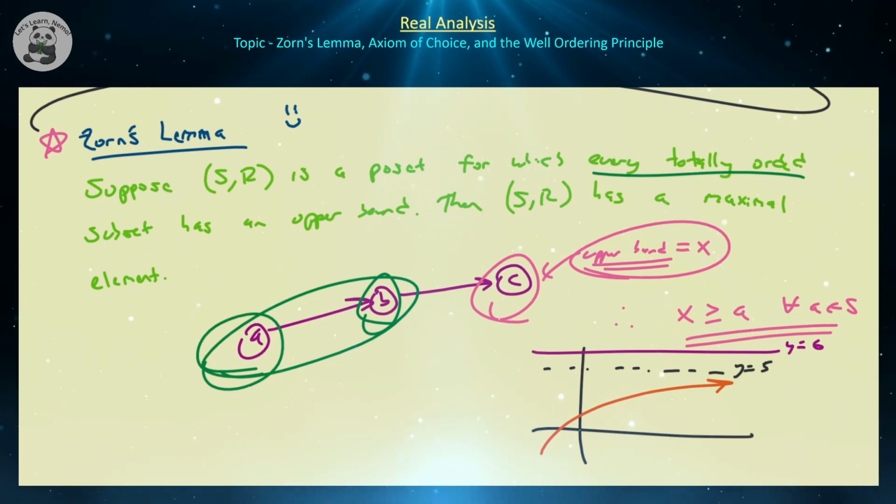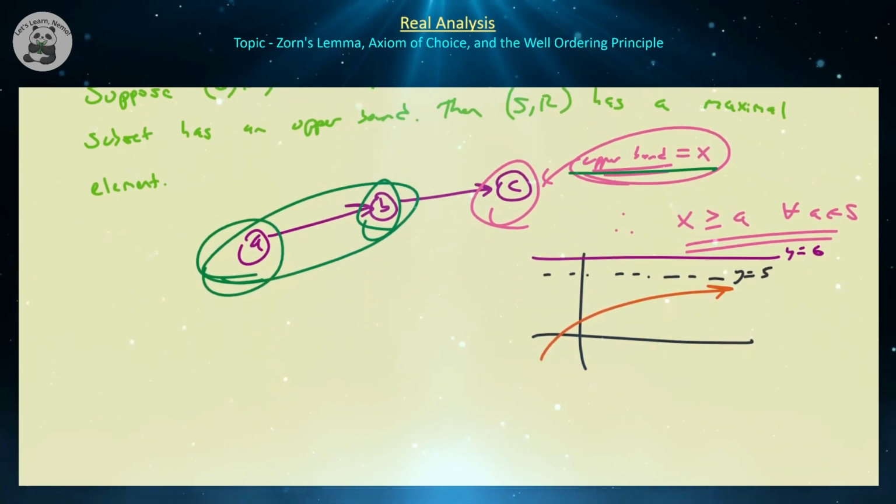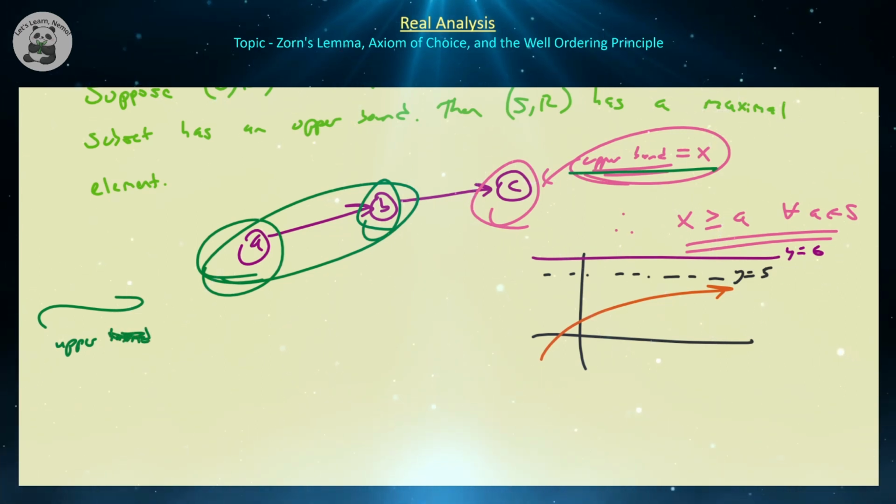A maximal element. So that means this element that is an upper bound must belong to that particular set, and it must be greater than or equal to those things, right? So let's just quickly distinguish between these two things: upper bound versus maximal element. Let's call them X for both of them, right?